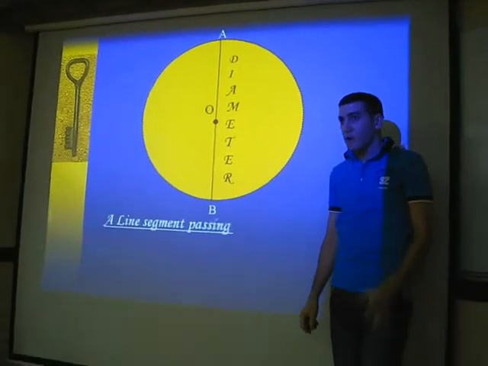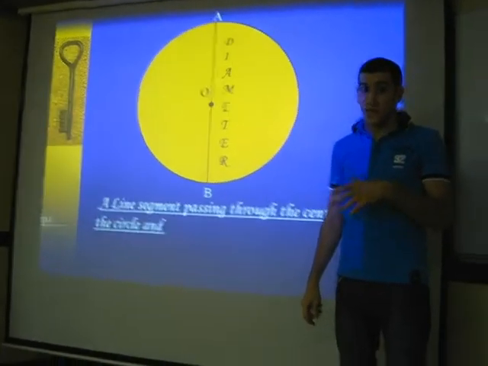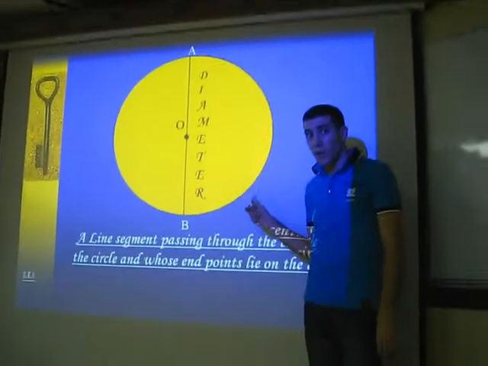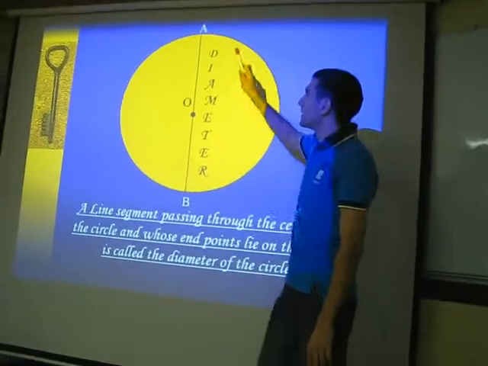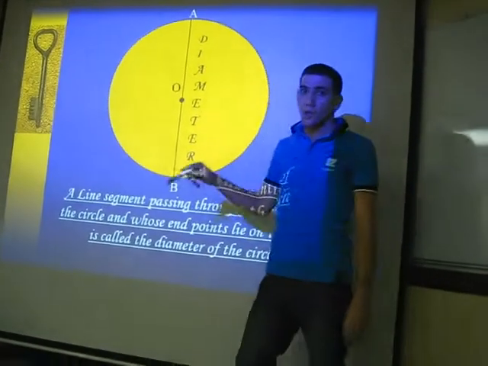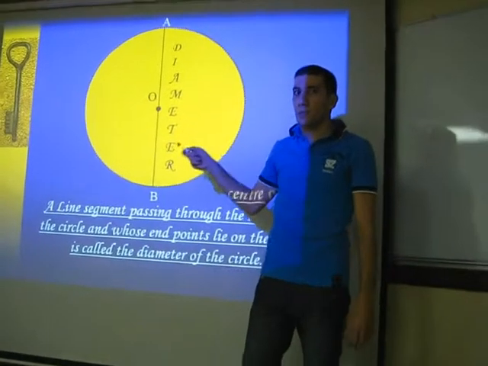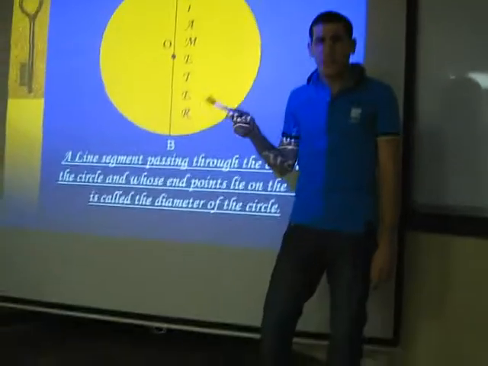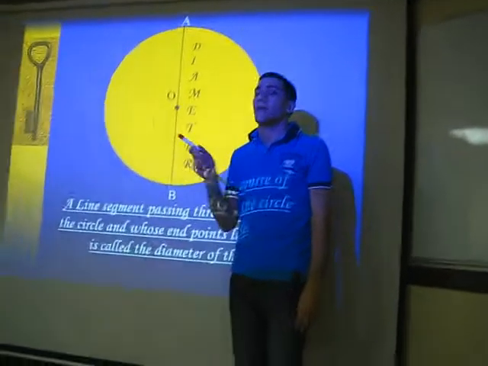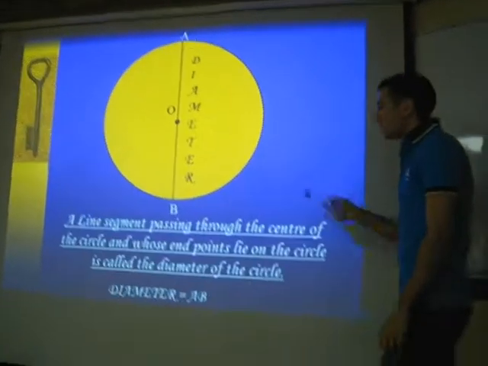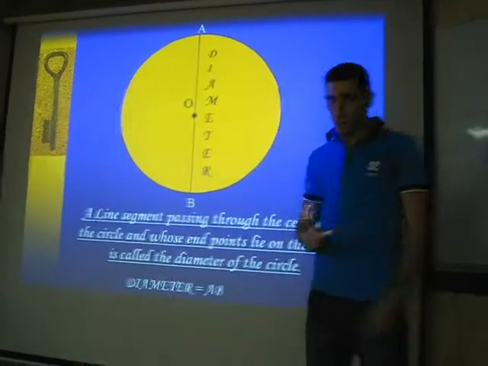So now, what is the diameter? Is it the distance between the center and any point on the edge of the circle? No, the diameter is a line segment between two points on the edge of the circle, passing through the center. What is the distance between the center and any point on the edge? It's a radius, excellent. This is the diameter.